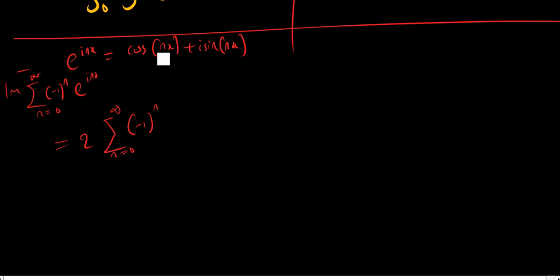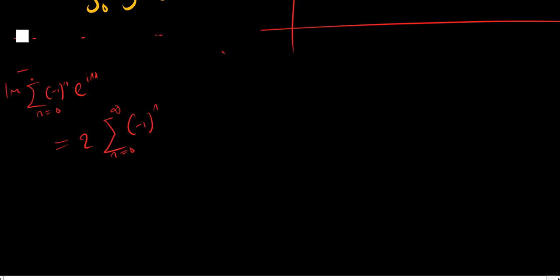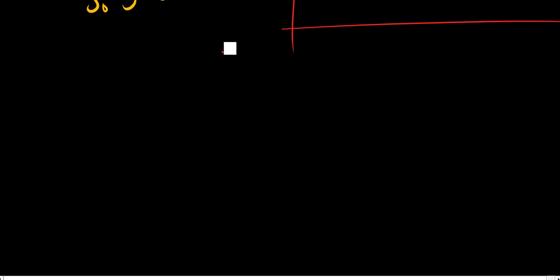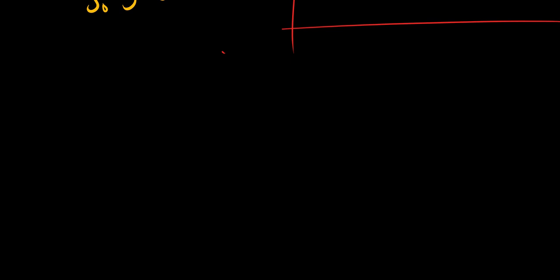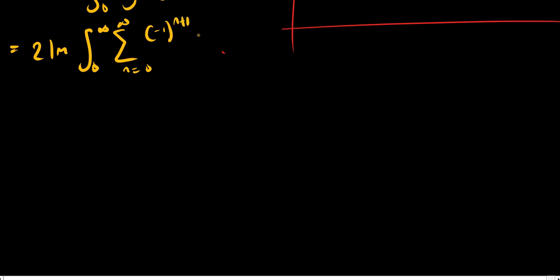So what we have is twice the imaginary part of the integral from 0 to infinity of the sum as n runs from 0 to infinity of (-1)^(n+1) e^(inx) over e^n dx over x.